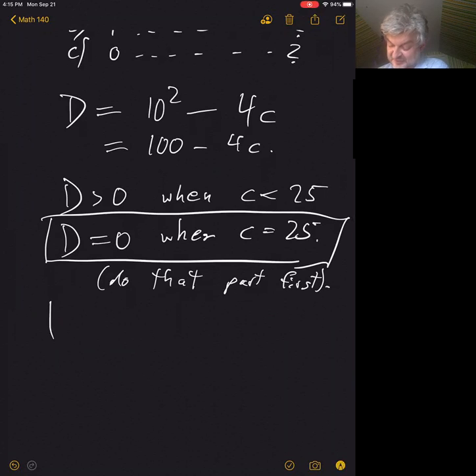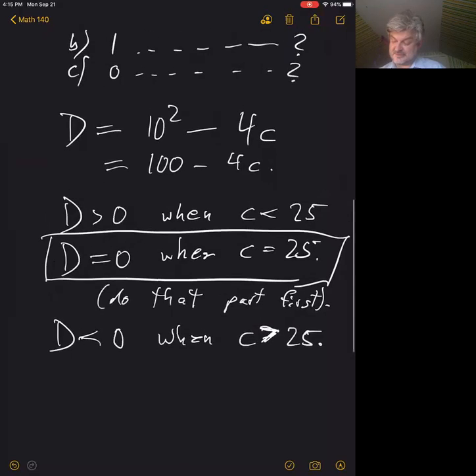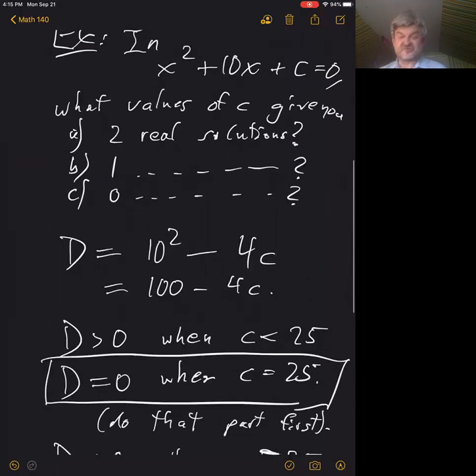And the last part, and it's quite obvious, D is less than 0 when c is bigger than 25. And those are also the answers for parts A, B, and C, obviously, right?